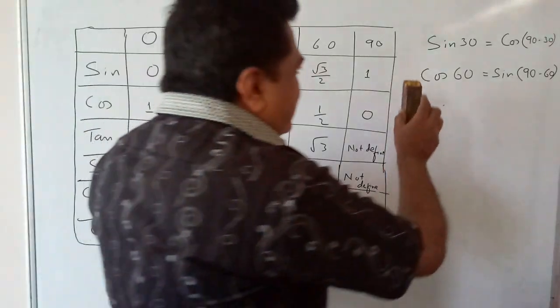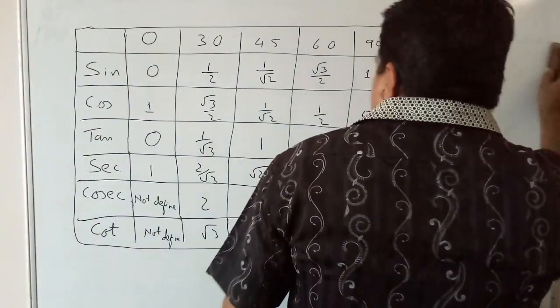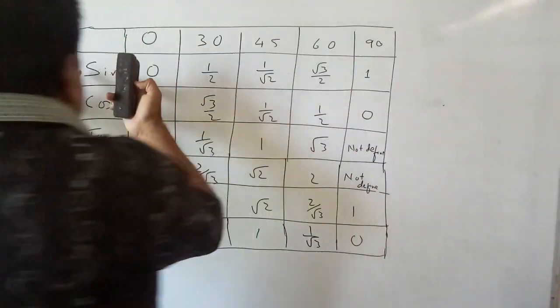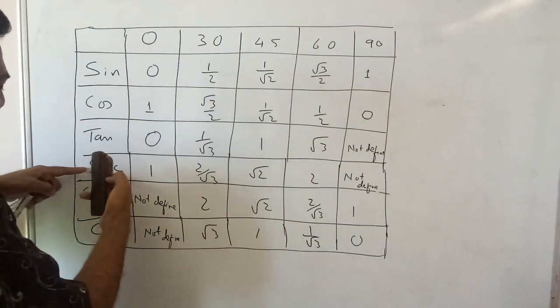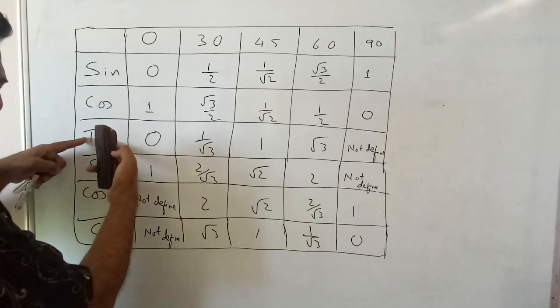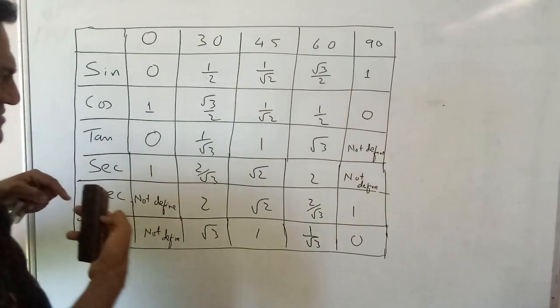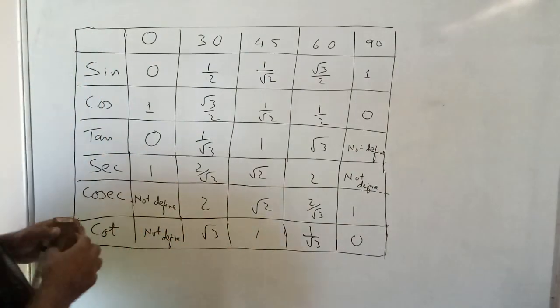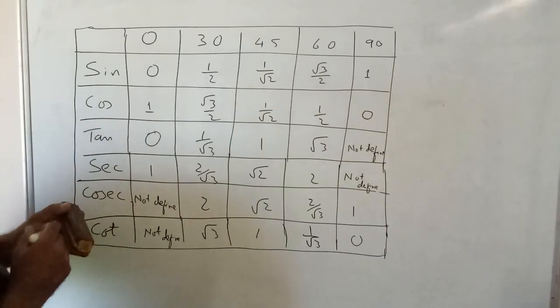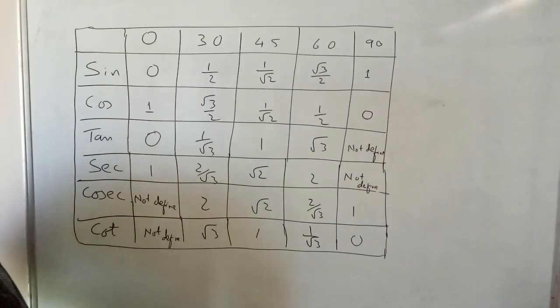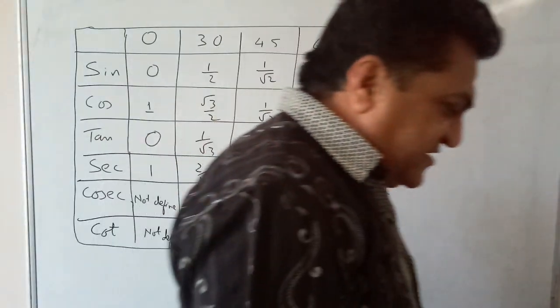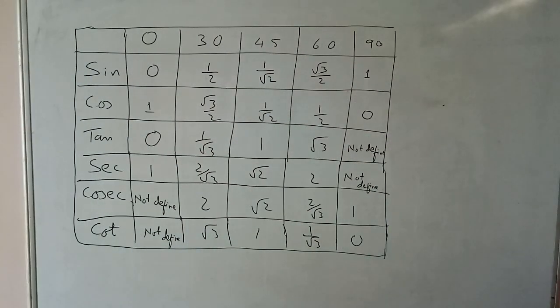So for this, why I have made this table: sine can be converted into cos, sec can be converted into cosec, tan can be converted into cot. Understood? So for this I will write some ratios. Your formula will be given to you.